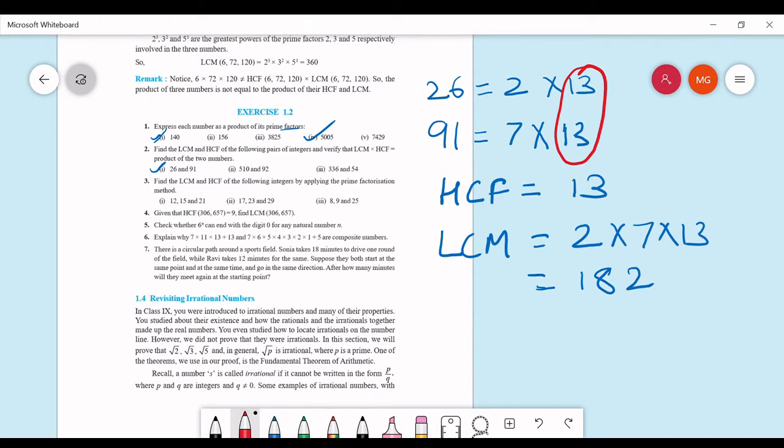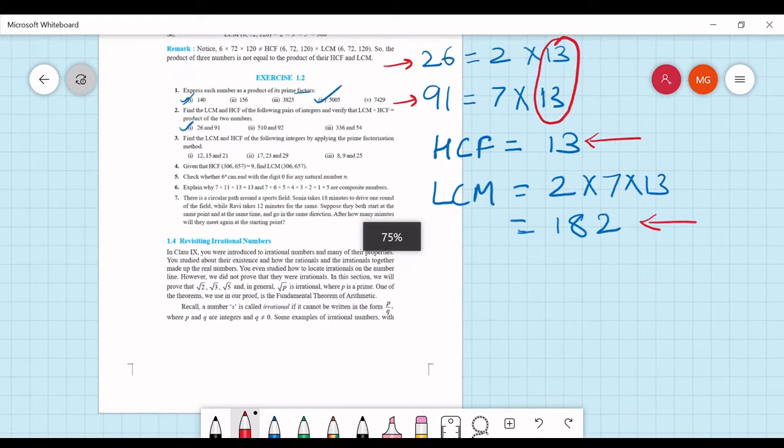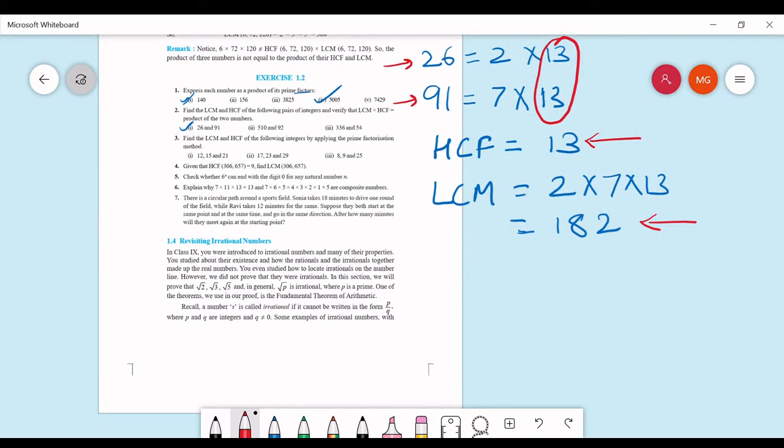Now you got your points. 26 is your first number, 91 is your second number, 13 is your HCF, and 182 is your LCM, right? So what we have to prove? We have to prove that the product of these numbers will be equal to LCM multiplied by HCF, right? So 26 multiplied by 91 will be equals to 182 multiplied by 13.